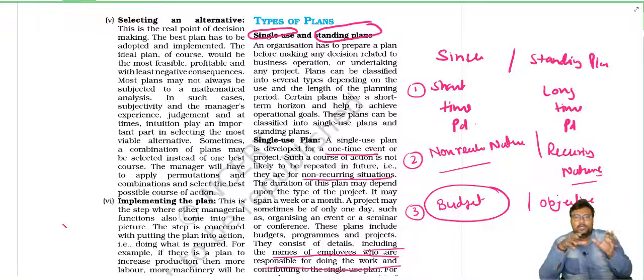It's very simple. Don't write the whole paragraph. Understand this, keep it in your mind, write short notes. Single use plan is equal to one time event, non-recurring nature, and the name of the person responsible for that plan will be mentioned. It is for a specific project, for example a budget.